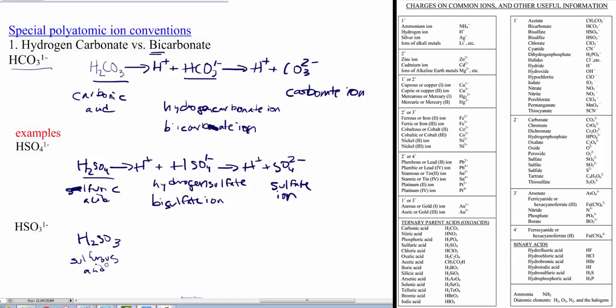And then our convention is that ous acids make ite ions, which therefore implies that upon dissociation, we would end up forming H positive and HSO3 negative. Sulfurous acid would make the hydrogen sulfite ion. And another name for that hydrogen sulfite ion would be the bisulfite ion.